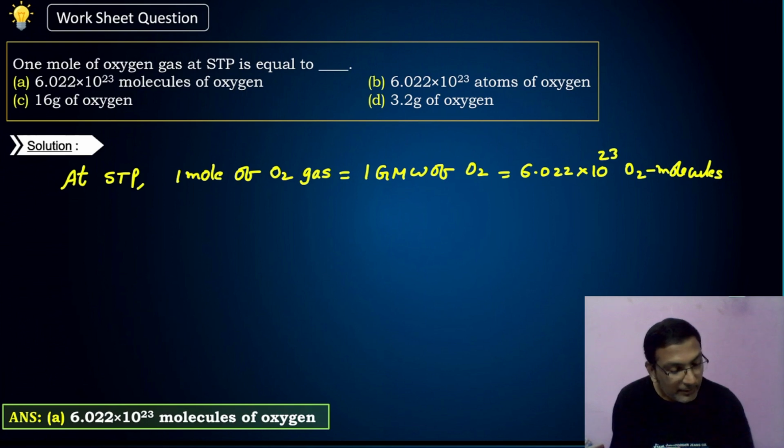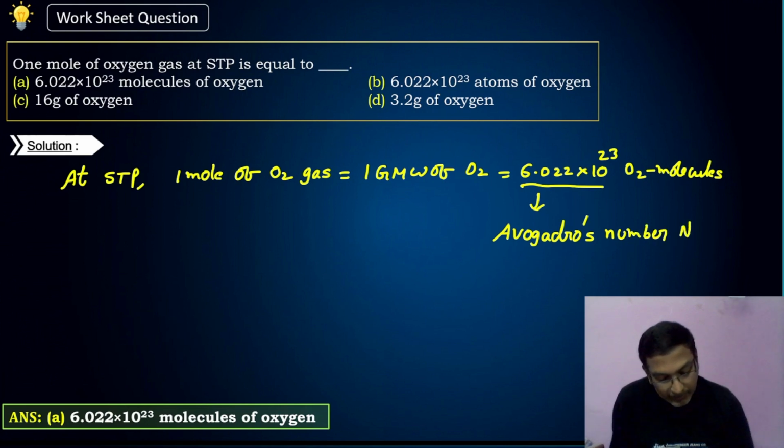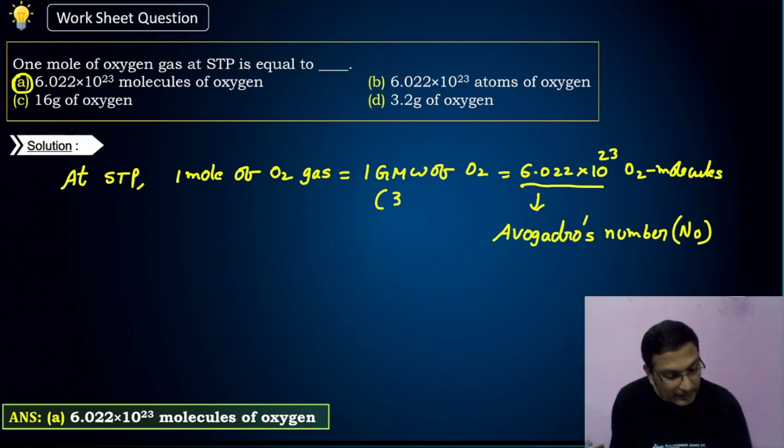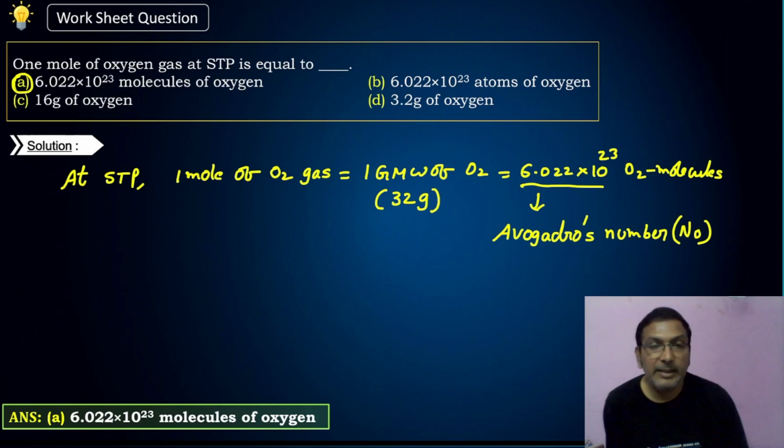So clearly, 1 mole of oxygen gas at STP is equal to 6.022 into 10 power 23, which is Avogadro's number, or Avogadro's constant, denoted with N0. So clearly option A. Avogadro's number of molecules but not atoms. And 1 mole of oxygen gas, 1 gram molecular weight, means 32 grams. Clearly option A.